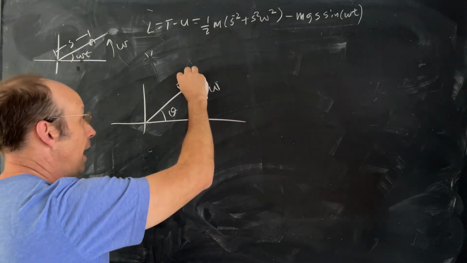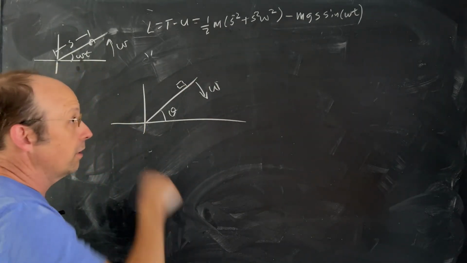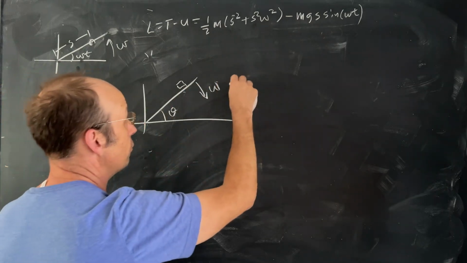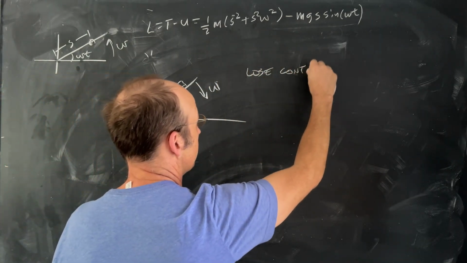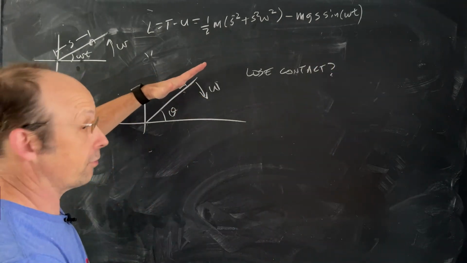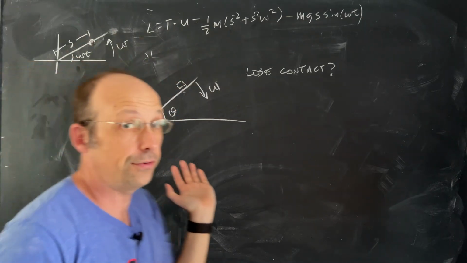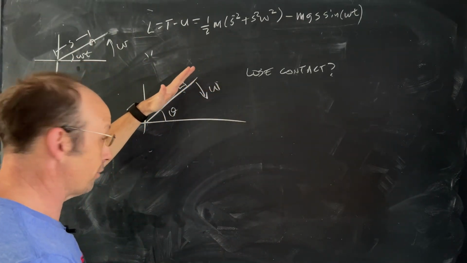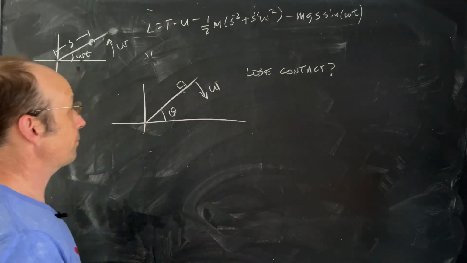And it's a block that can slide with friction. So the question is, would this lose contact? I mean, you can imagine if this starts up high enough and the angular velocity is fast enough, this would just leave, right? But the same thing is true if it's also sliding down. So I don't know, it's a fun situation.